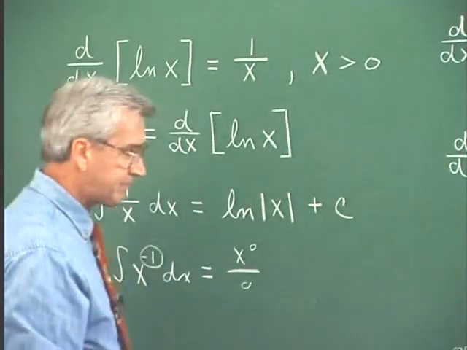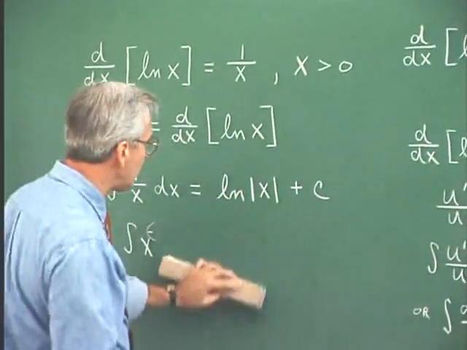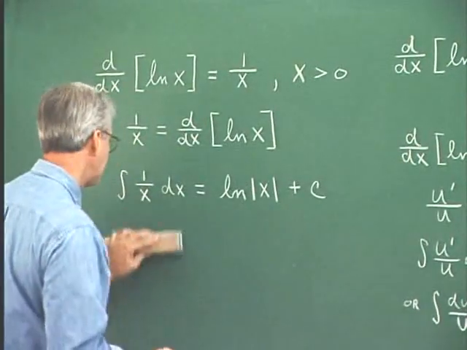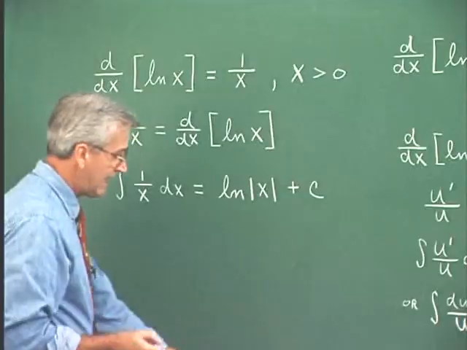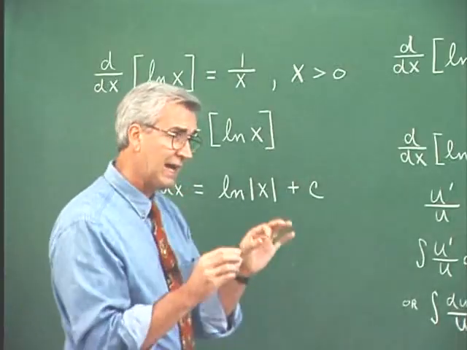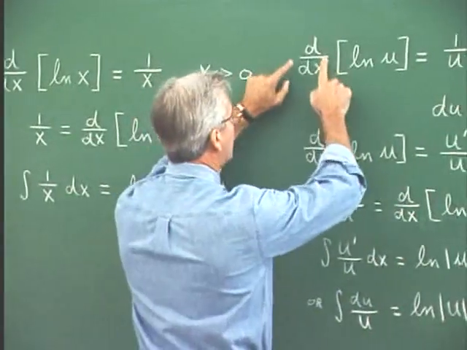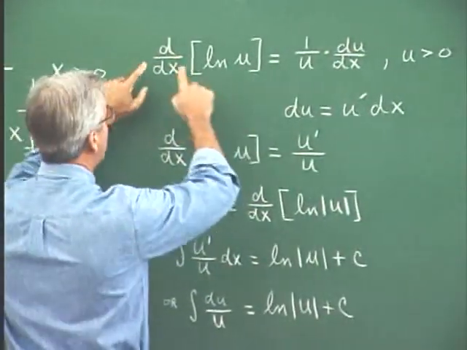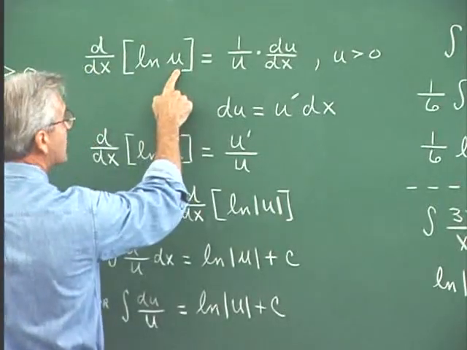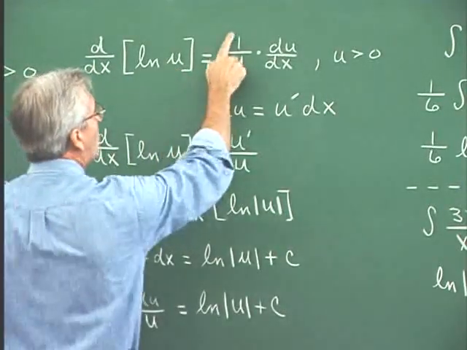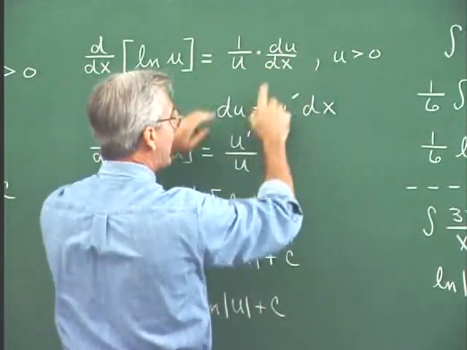Well, at any rate, so we have a way of integrating, and we'd like to generalize the idea. This is a very specific idea of a single variable, but what if we have an expression that's written in terms of x? In the last section we were talking about the derivative of ln u, where u is a function of x. And it turns out to be 1 over u du dx, or the derivative of u with respect to x.